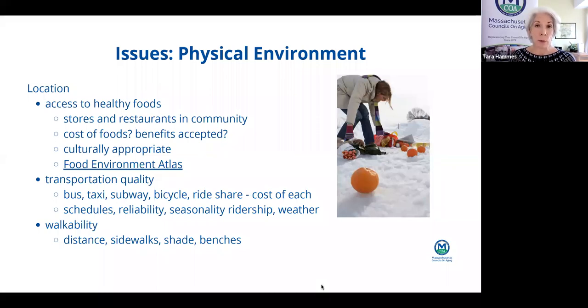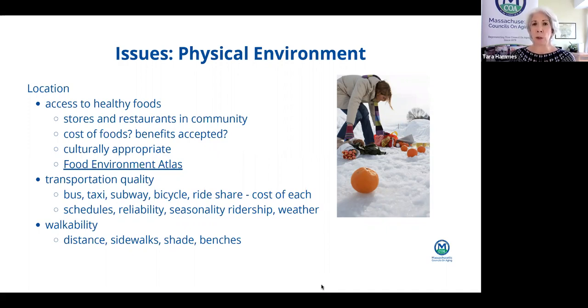So they may pay higher prices. They may be shopping at stores that don't accept nutrition benefits such as SNAP or WIC. And they also may have a higher number of fast food establishments. So those foods, as we know, aren't typically the most supportive of diabetes management.